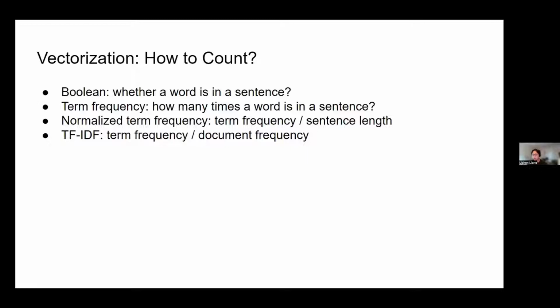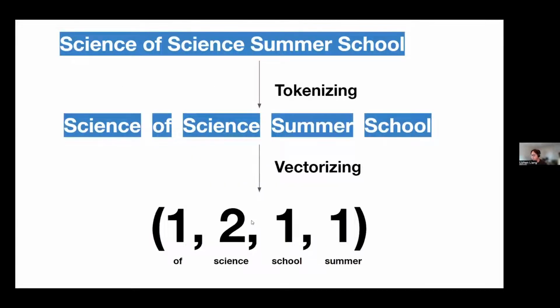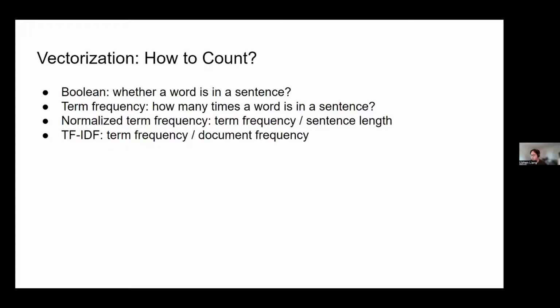For example, in the example that I show above, we're basically counting the word frequency or term frequency. But instead of doing that, we could also count whether a word is in a sentence. So we put a 1 in the vector if we found the word in the sentence, and put a 0 otherwise.